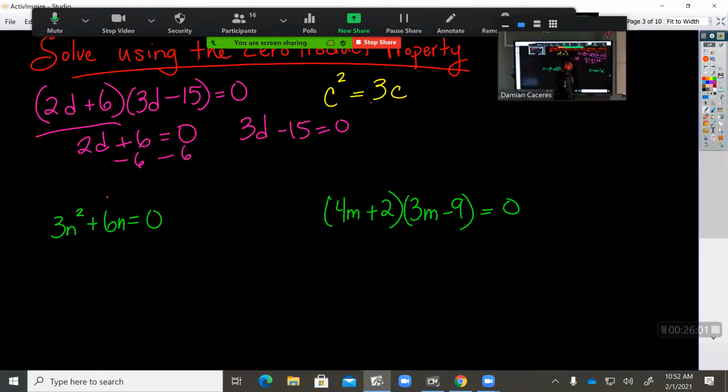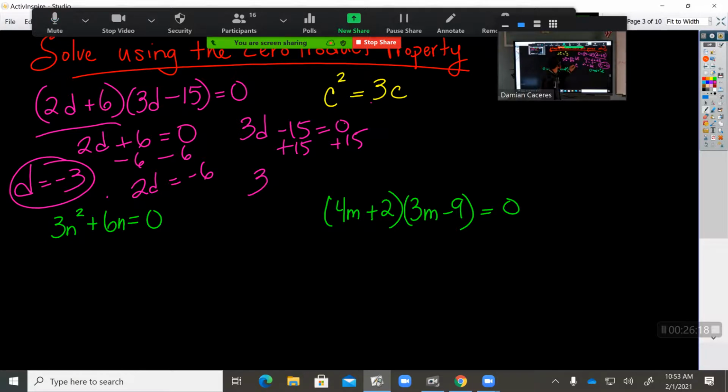Minus 6, that leaves you with 2d equals negative 6. Divide by 2 on both sides, and you get d equals negative 3. On the second one, you're adding 15 to both sides. Leaves you with 3d equals 15. Divide both sides by the coefficient, you get d equals positive 5.